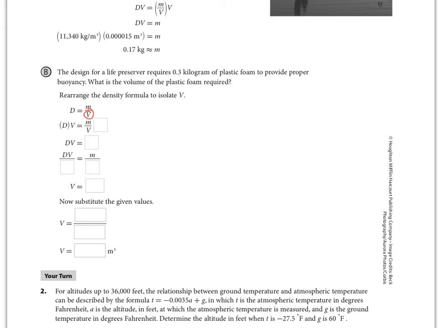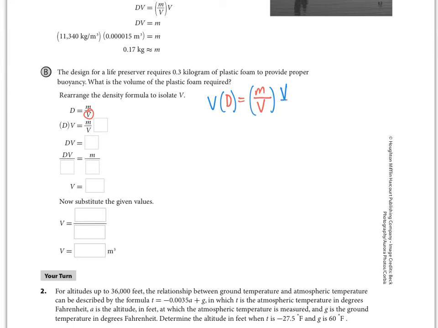In fact, I'm going to just rewrite it over here, and I want to show it to you a little bit differently so that the fill in the blanks don't confuse you. So I need to get V by itself. Now it's in the denominator of this fraction, which I don't really like, so I'm going to get it out of the denominator by multiplying both sides by V. It's the same thing as multiplying by V over 1, right?